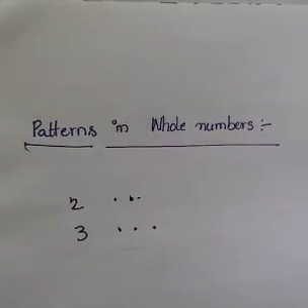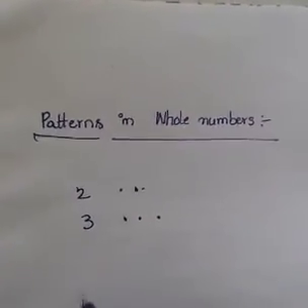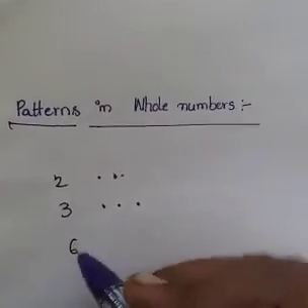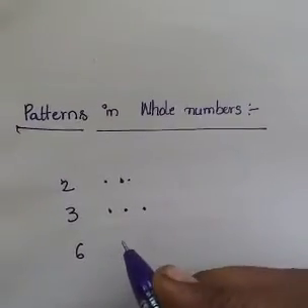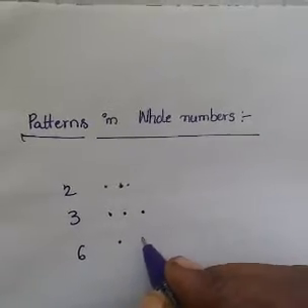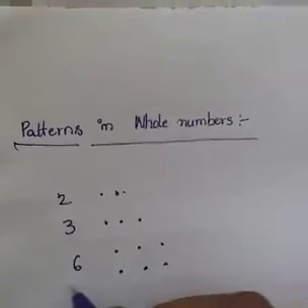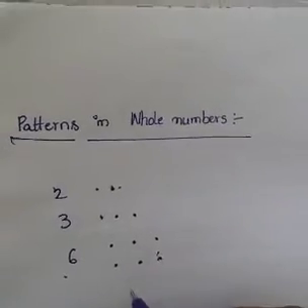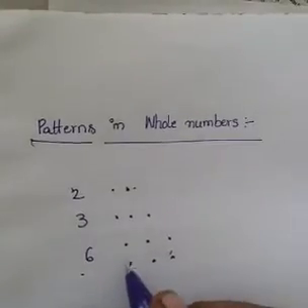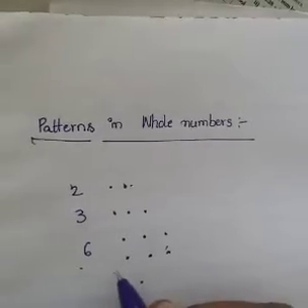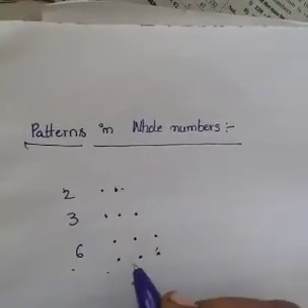Right? Next, how to show number 6? For suppose, 1, 2, 3, 4, 5, 6. Number 6 can be shown as a rectangle. Right? 2 rows, 3 columns.